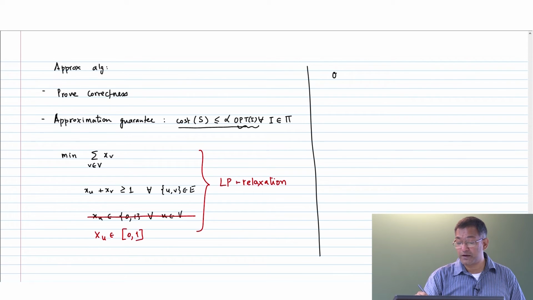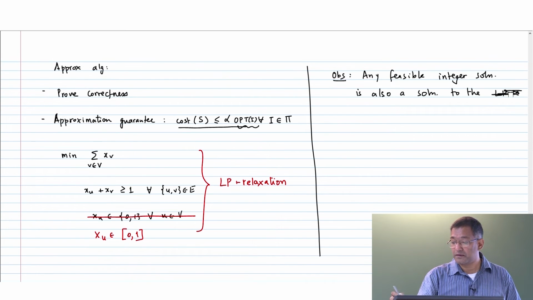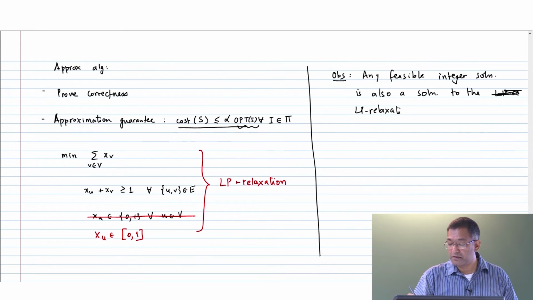Why is it called a relaxation? Any feasible integer solution is also a solution to the LP relaxation.